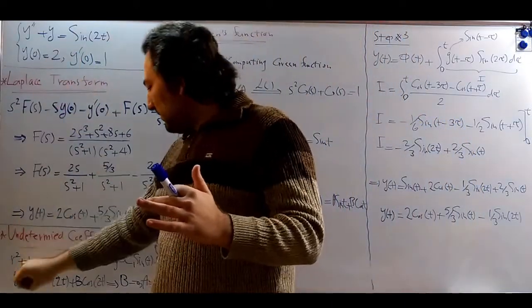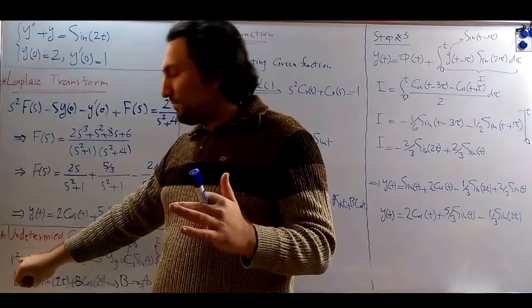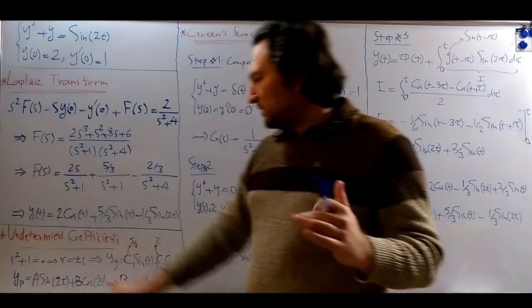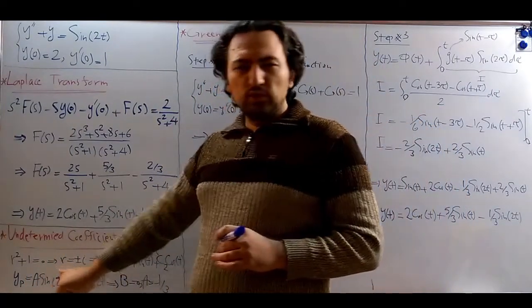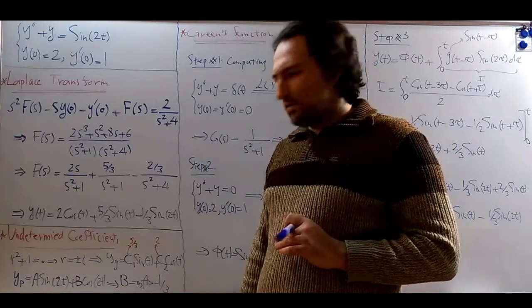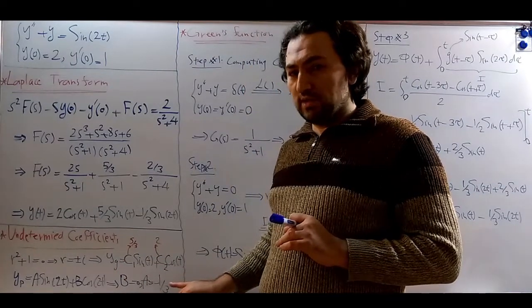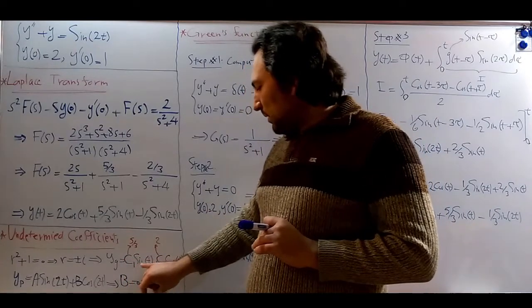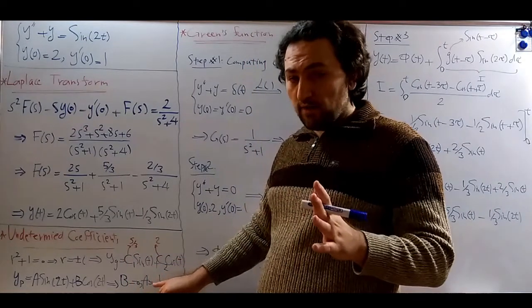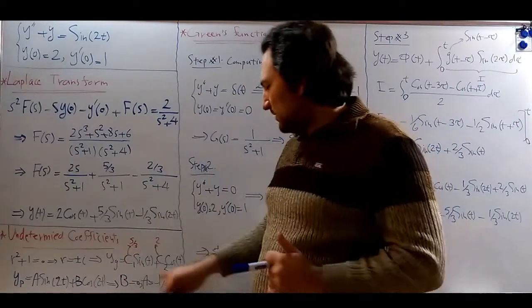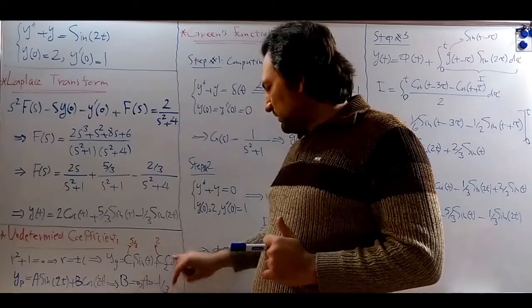At the first step, I'm going to find the roots of the characteristic polynomial r squared plus 1 equals 0. So the roots are complex, and the general solution of the homogeneous equation equals c sub 1 sine function, a combination of sine function and cosine function, plus c sub 2 cosine function.